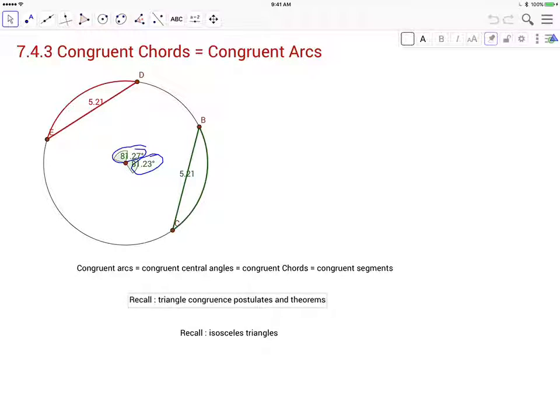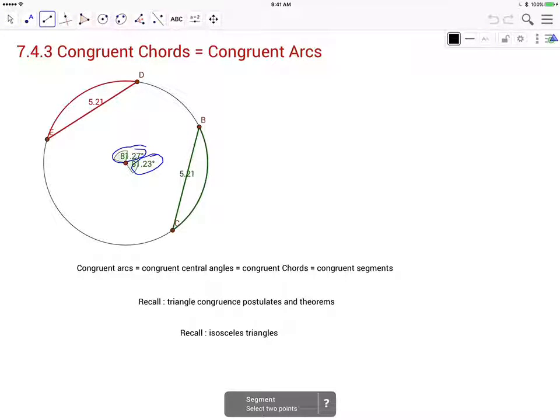And recall, we can do this very easily to show what would happen if you have congruent chords, that they will have congruent angles on the inside. I can do that simply by showing that if I connect those, and here, and here, and here, those are all radii. They are all congruent.